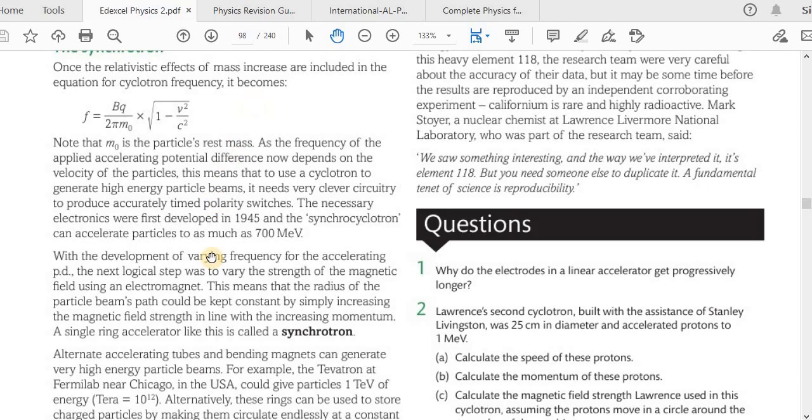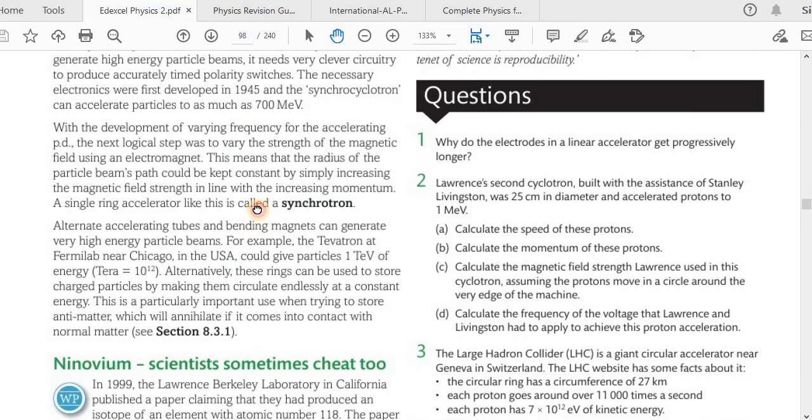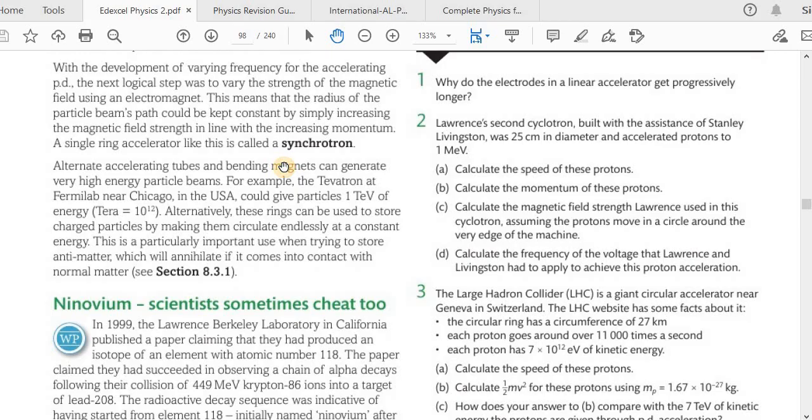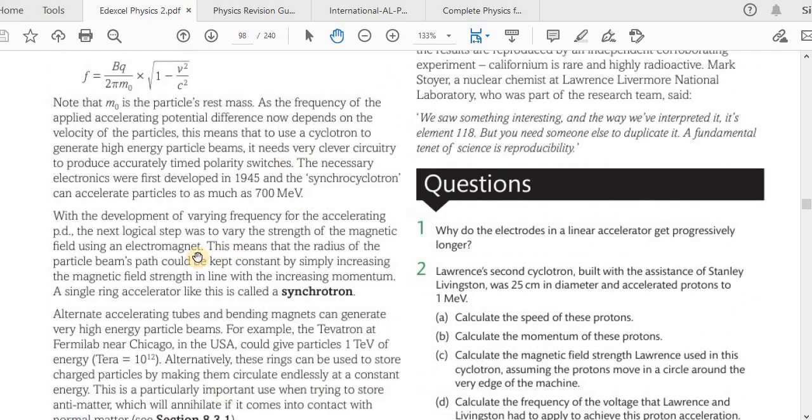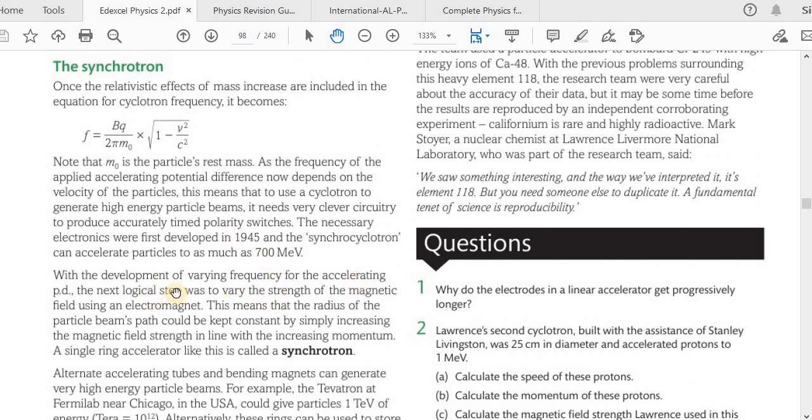Okay, with the development of varying frequency for the accelerating potential difference, the next logical step was to vary the strength of the magnetic field using an electromagnet, so that way we can vary the strength of it.